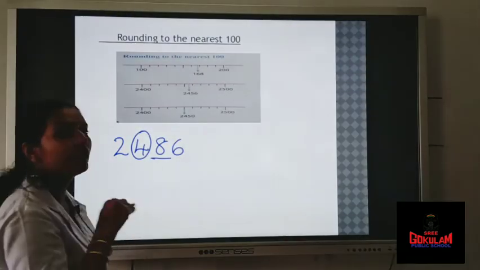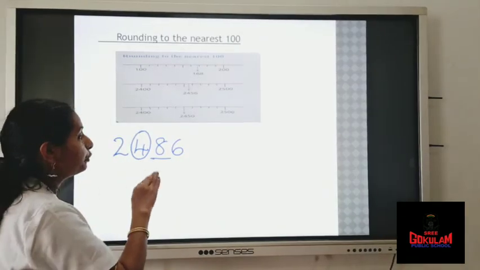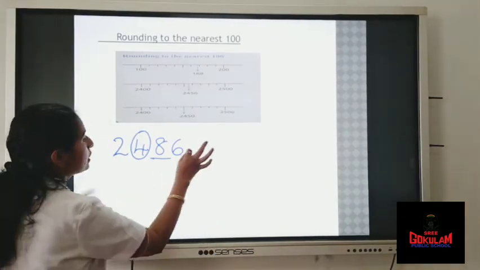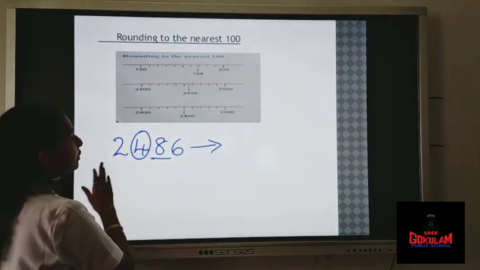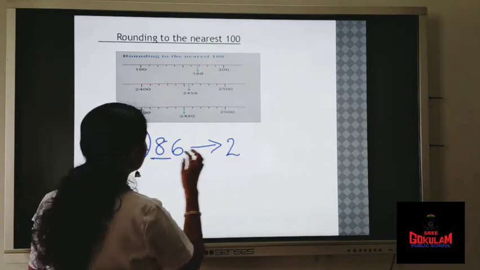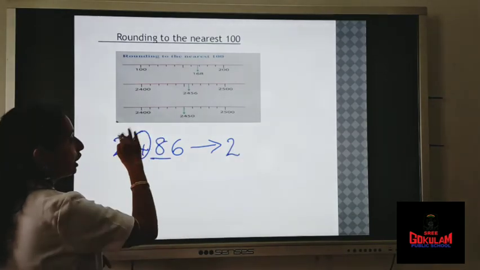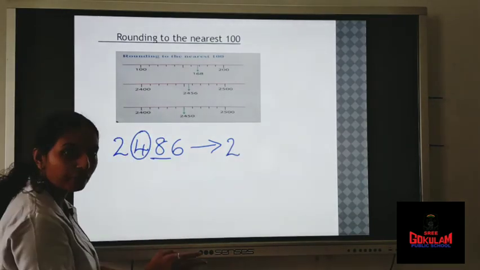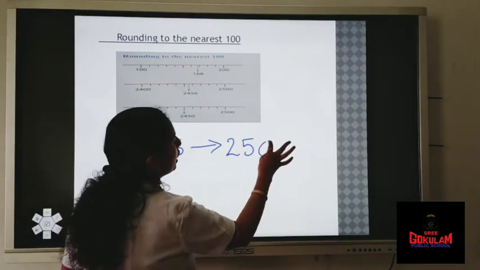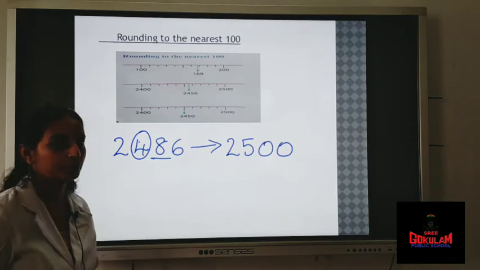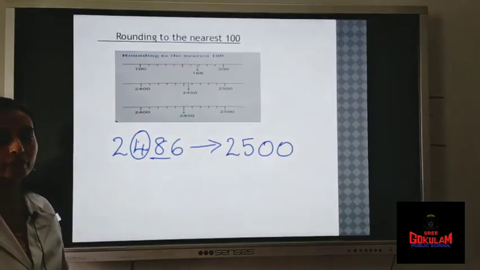It is above 5, so we have to round up. That means write the same number on the left, 2000, and this will change. If the number is above 5, it will change into one more number, 5, and add zeros: 2500.